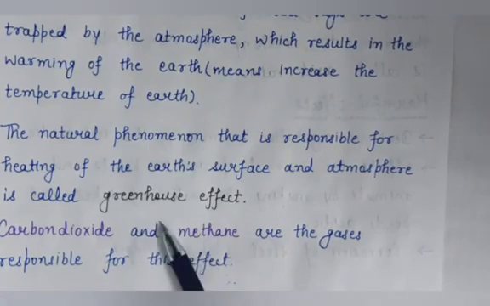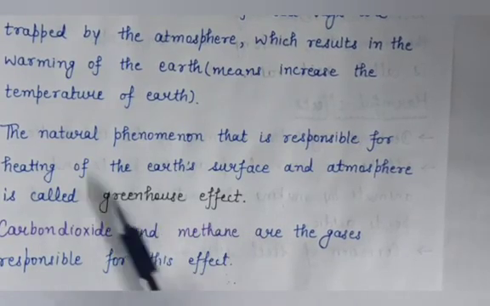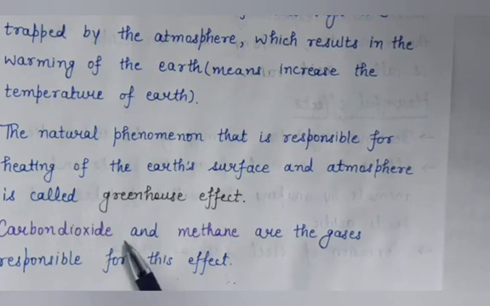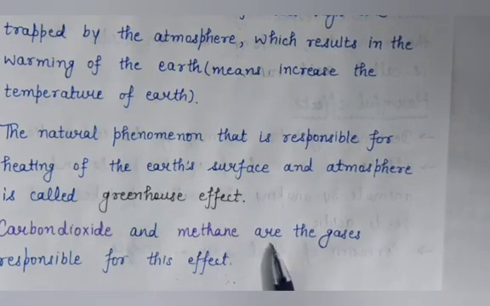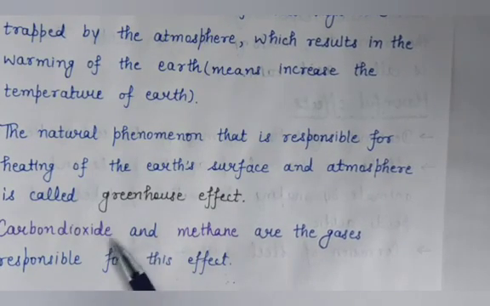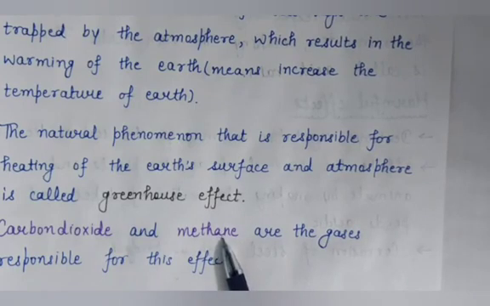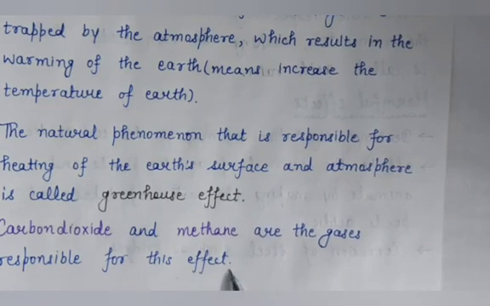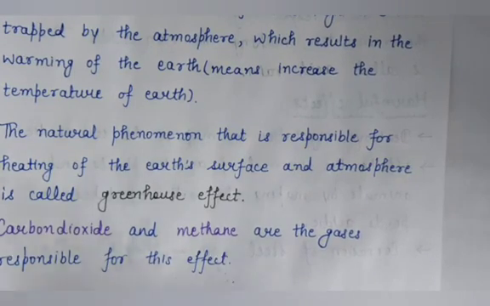Means in short, what is greenhouse effect? Heating of the earth's surface, and carbon dioxide and methane are the gases responsible for this effect. And these gases are called greenhouse gases. Means what are greenhouse gases? The gases which are responsible for greenhouse effect are called greenhouse gases, like carbon dioxide and methane.